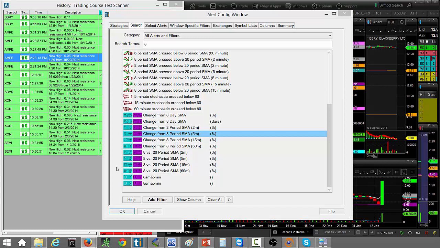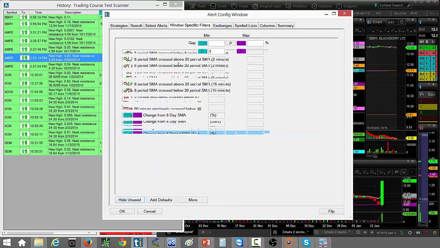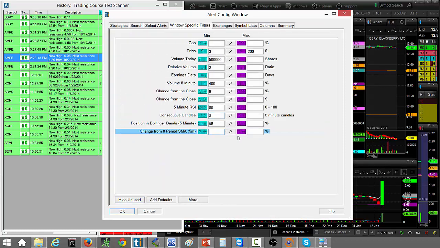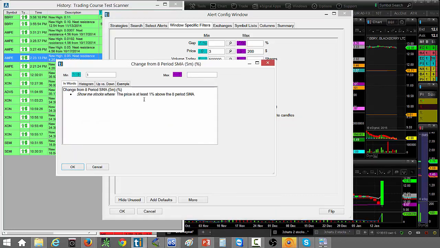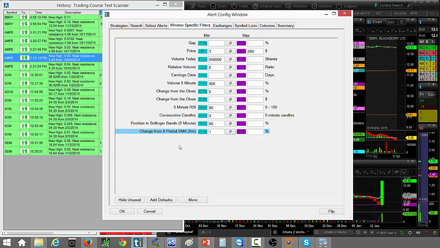So I could do change from 8 simple moving average on the 5-minute, add that filter and just say it's got to be a minimum of 1%. Just to make sure I'm typing this in the right way, the price is at least 1% above the 8 simple moving average. Okay. I use the 9 exponential, but the 8 simple is what they have, so I can work with that.